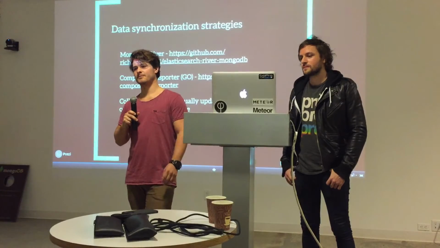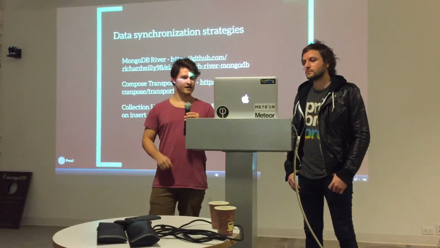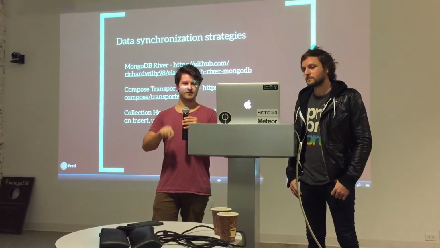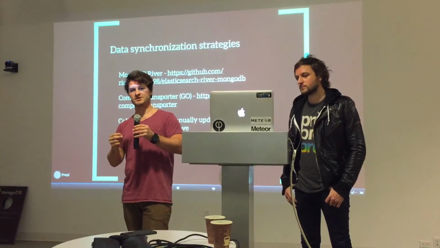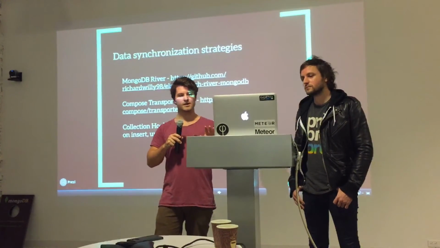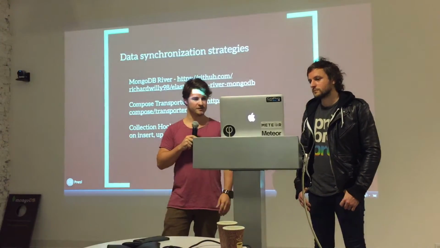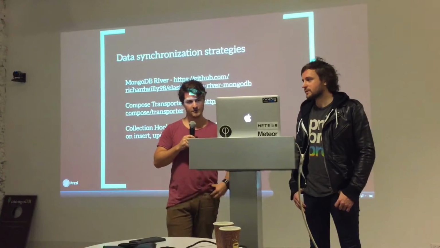So if you're on Compose, you can easily spin up an Elasticsearch cluster and click to create a transporter that does continuous synchronization, and it will automatically keep your Mongo cluster in sync with your Elasticsearch cluster, which is an awesome service. Or if you want to implement it yourself, it's written in Go, super fast.